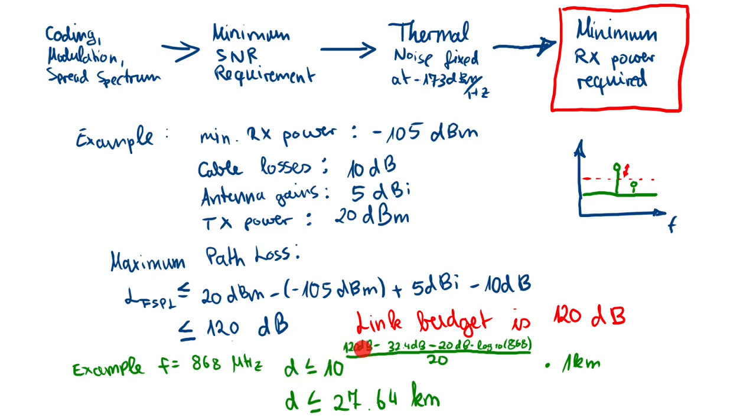So here you find the link budget, and here this constant, the 32.4 dB, taken from the free space path loss model formula, and here is the frequency and the reference 1 kilometer. And if you assume this frequency and this link budget, you see that the maximum distance between transmitter and receiver is 27.6 kilometers.